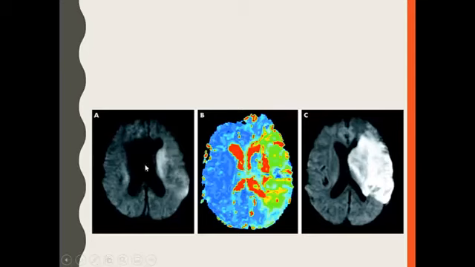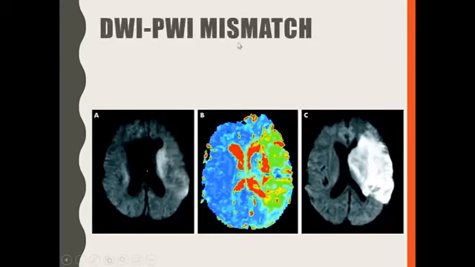If this patient was ignored, like what happened to this patient, it will develop an infarction in all this ischemic area here. But if the patient was treated as early as possible, you may salvage this ischemic region, or ischemic penumbra. But unfortunately, this wasn't the result. So this is called diffusion-perfusion mismatch.